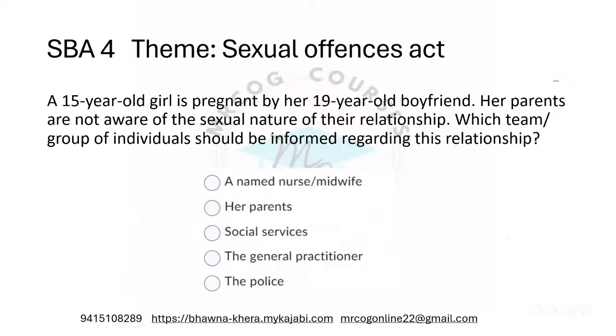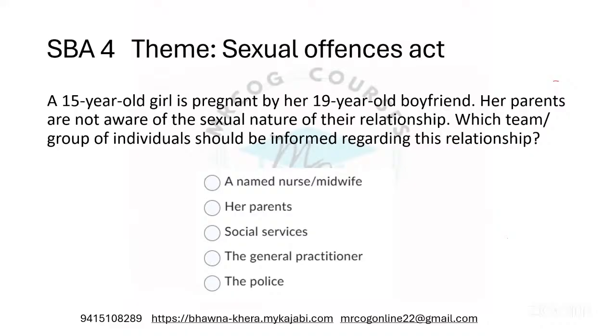Now, a few more questions. This is about the Sexual Offences Act, a legal scenario. This is also a repeatedly asked question: where to inform, whom to inform. Often students ask me when to inform the social services, when to inform safeguarding. So these types of questions are always there, and that's what I'm going to talk about here.